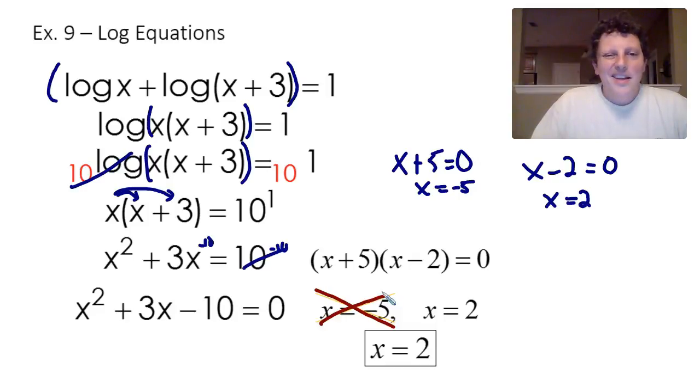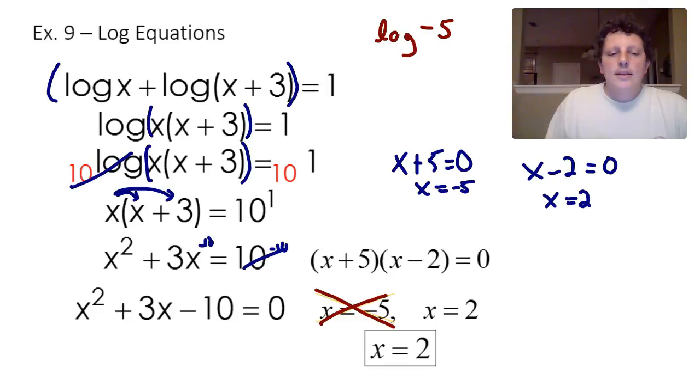Now, why doesn't the negative 5 work? I mean, it should work. We just did all the algebra correctly. We factored correctly. Well, it has to do with the fact that when you plug this into the logarithm for that log of x over there, you get log of negative 5. When you try to put that in your calculator, you get an error message.